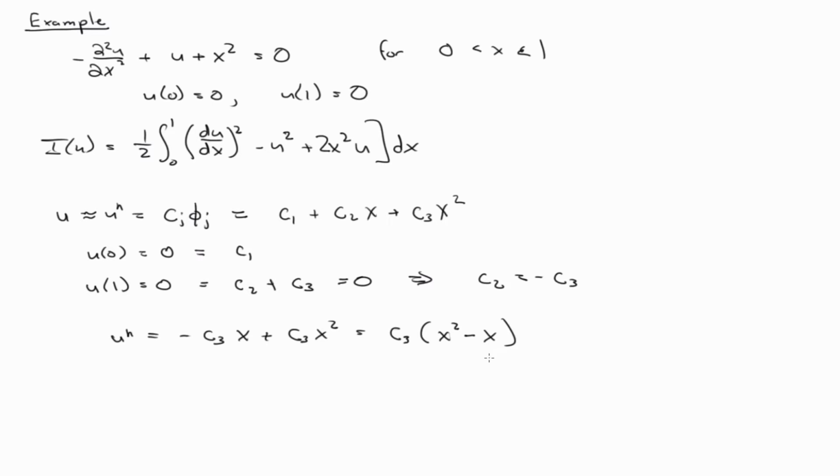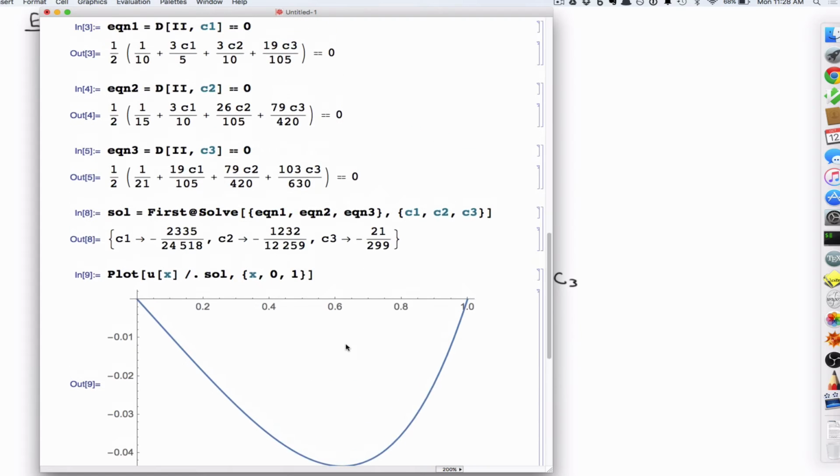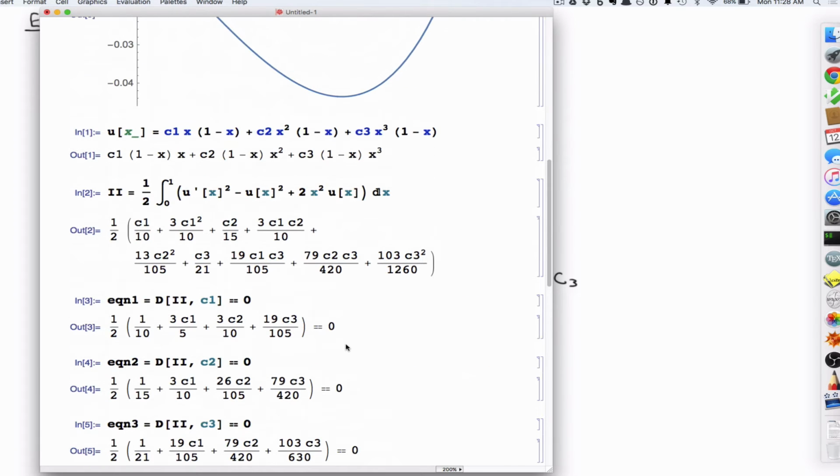All right, so using that approximation, let's look at this again, okay? I'm just going to copy everything down here and put in C3 times x squared minus x.